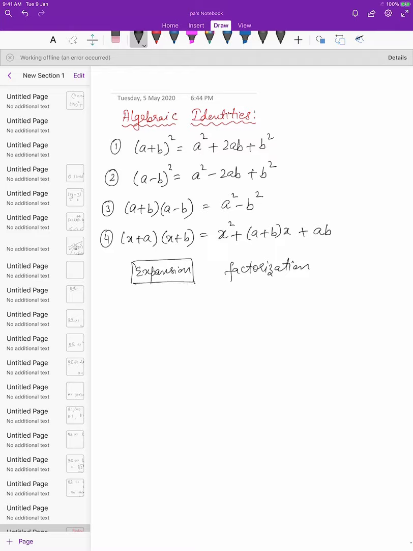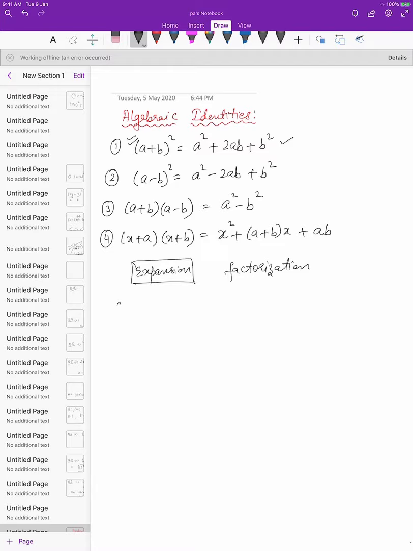It means in the first identity, if the question is given in this form, (a + b) whole square, then the expanded form will be a square plus 2ab plus b square. Whereas, if the expression is given in this form, a square plus 2ab plus b square, and you are asked to factorize it, then you can write it in the form of (a + b) whole square, which is actually equal to (a + b)(a + b).